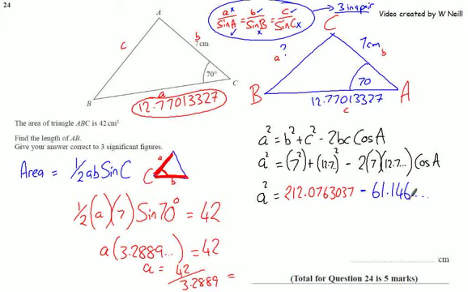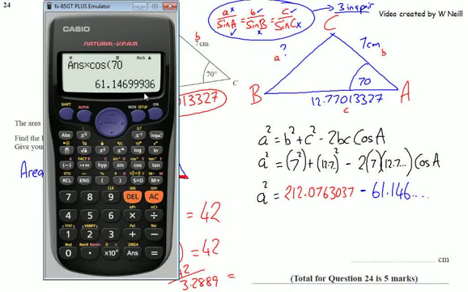I'm not going to write all that down because it's on my screen, so what I can do here is I can leave that there and go 212.0763037, subtract my answer, which will be this, equals that.